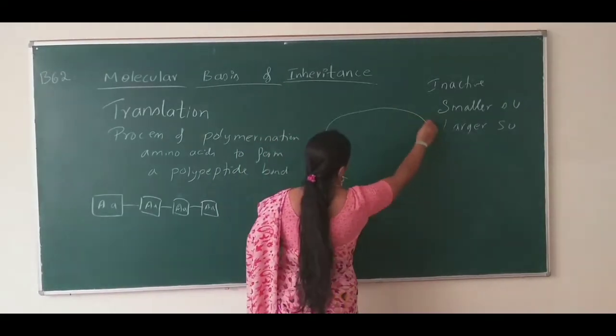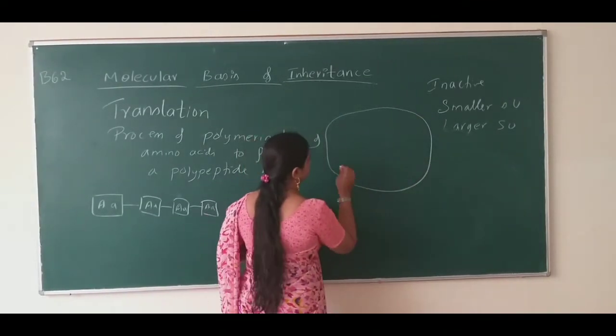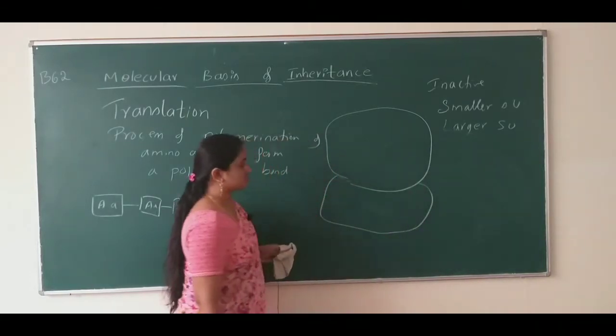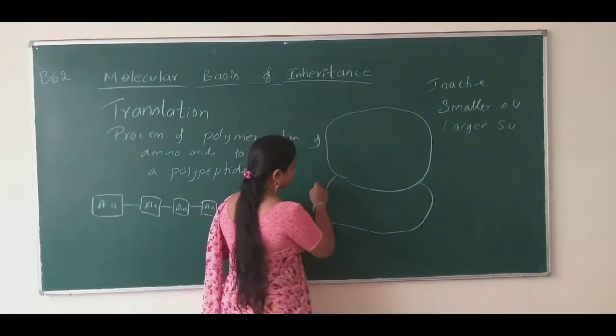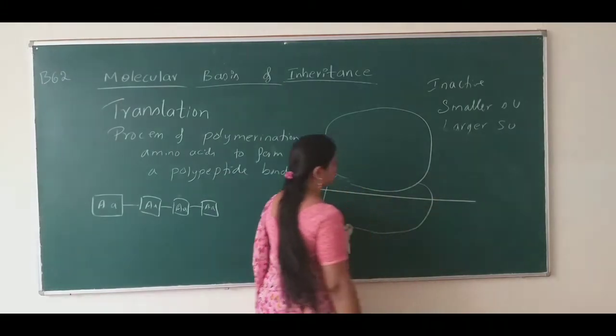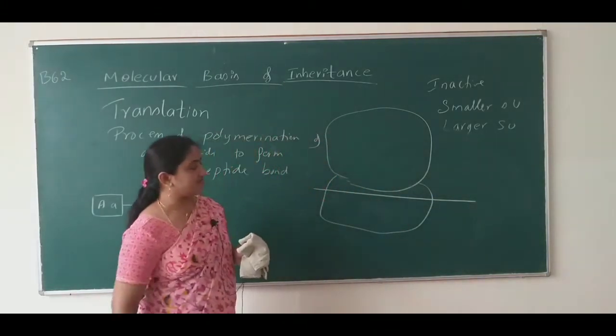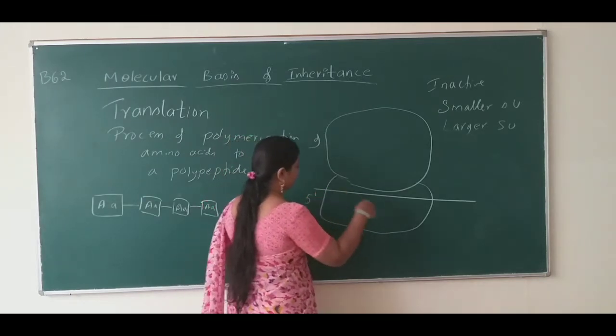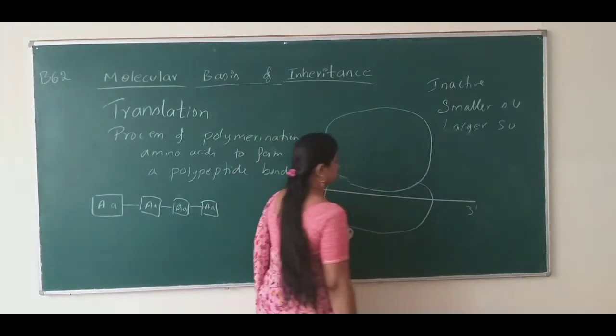So like this I will draw. This is the larger subunit and this will be the smaller subunit. And to the smaller subunit, the mRNA will connect, with the orientation 5 prime to 3 prime.